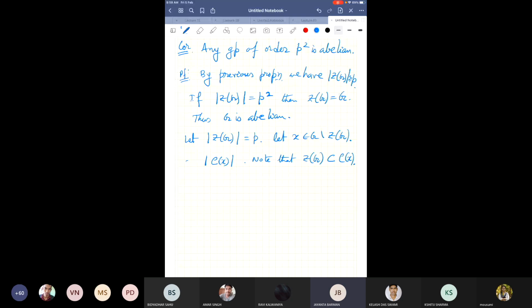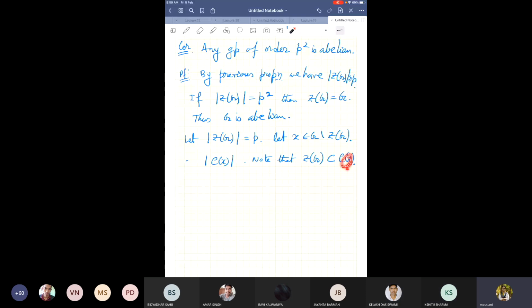Yes, ma'am, because the center is the collection of all elements which commute with all the elements of the group. So certainly it commutes with X also, right? So that means the center is sitting inside the centralizer of X, isn't it?